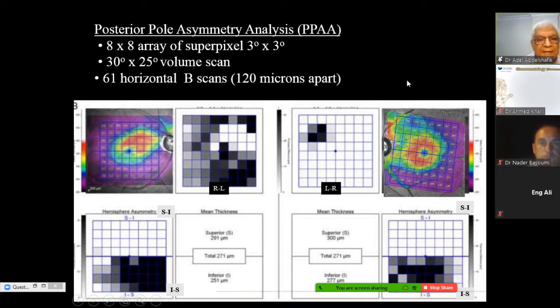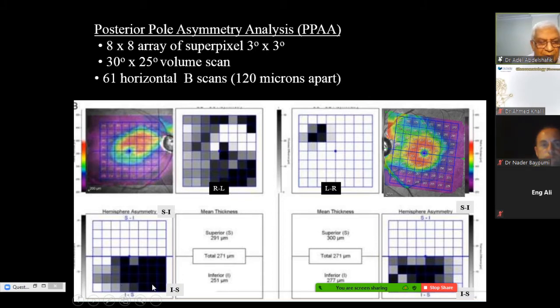And even in the Spectralis, they are comparing right to left, and this part, they are comparing these with those, and each one with the similar on the opposite side, and you have this clue, right to left comparison, and on this side from left to right.